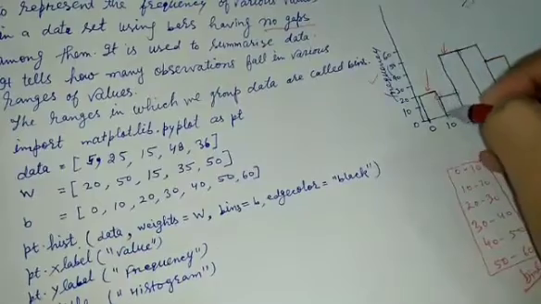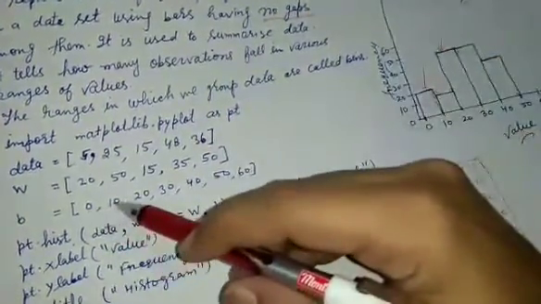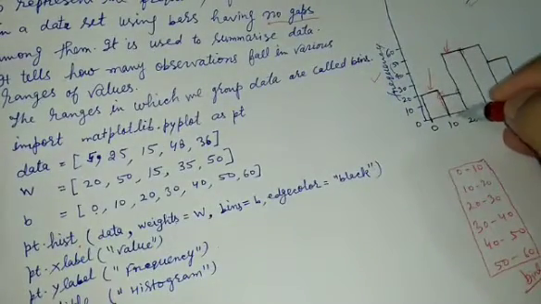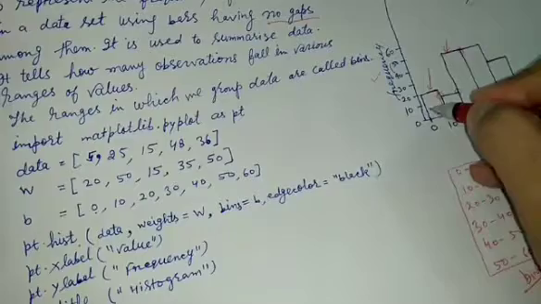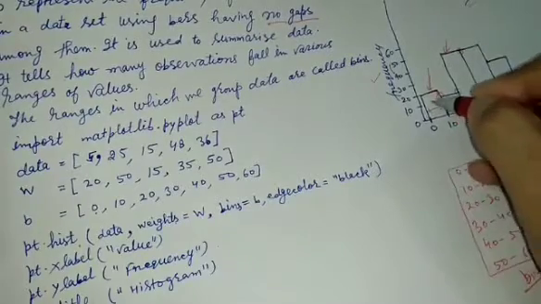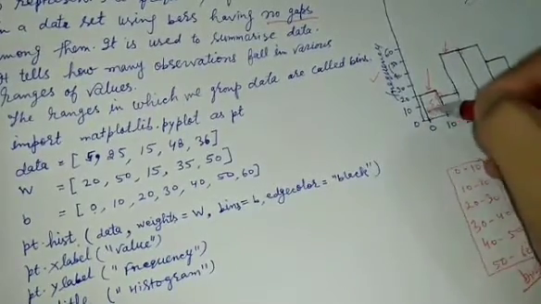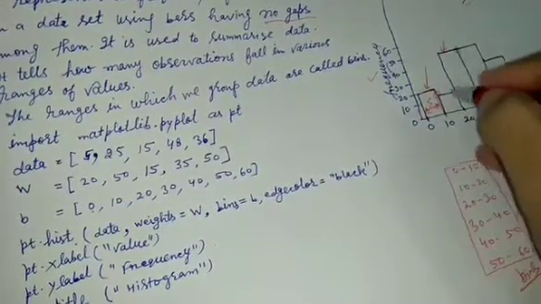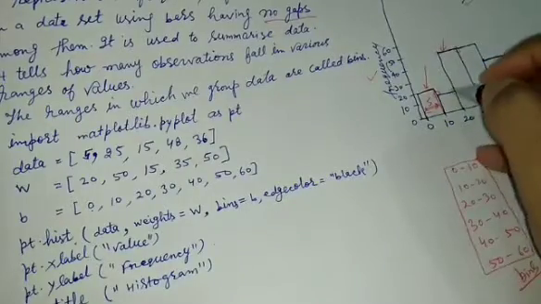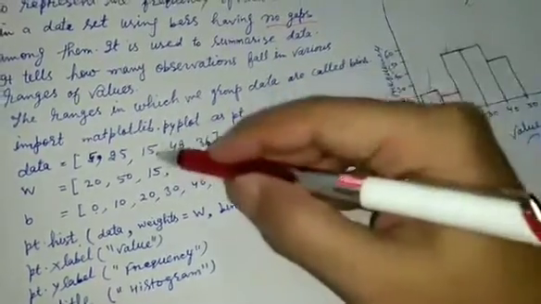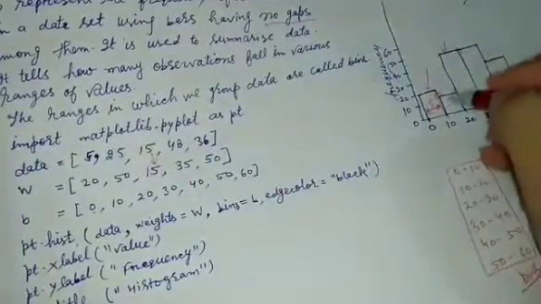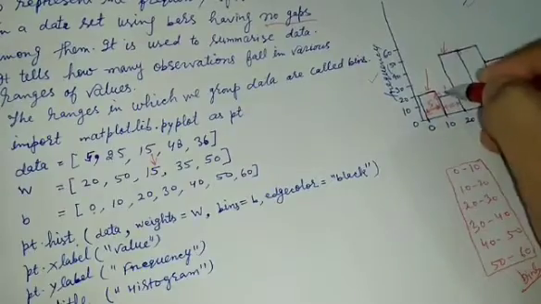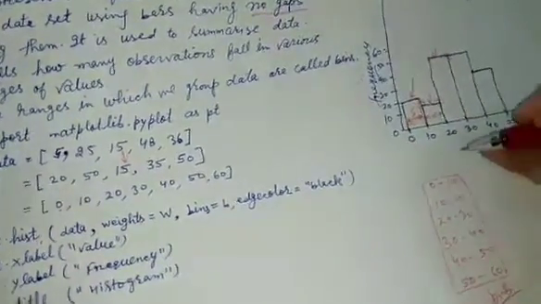Width is 20 in the bin 0 to 10, and this represents that here the value is 5. So this value 5 comes into the 0 to 10 group. Next, 15 has the width 15 also. So the value is 15 for x and width 15 for the y-axis.